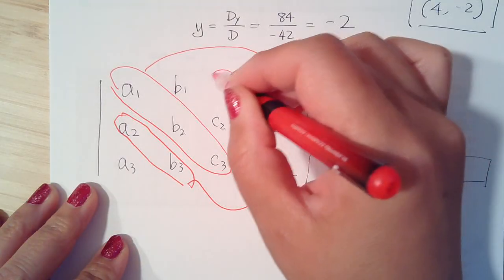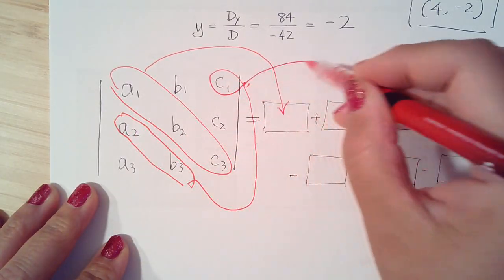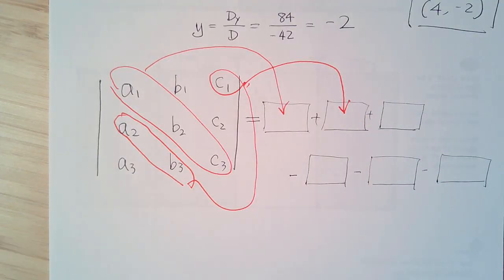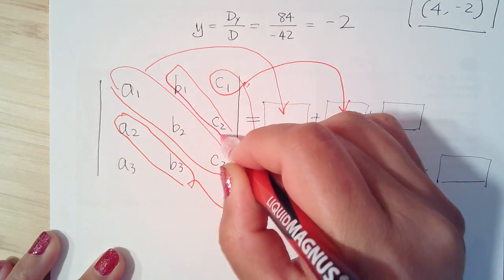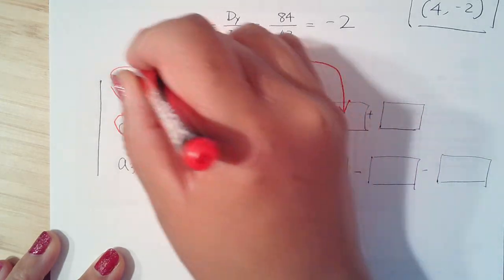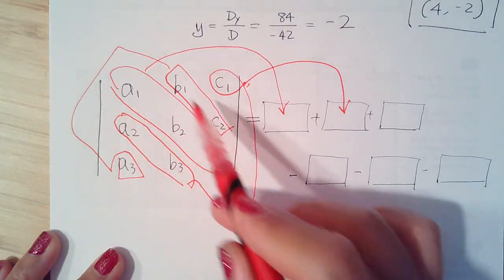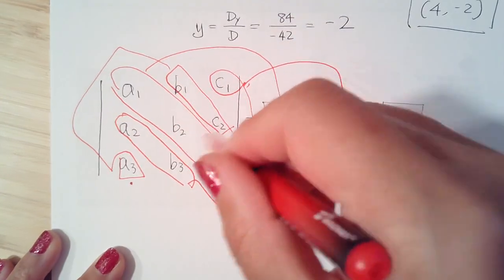I have to include a C1 because I need 3 numbers to multiply, and that goes here. You see? And of course, this one, the last 2, and this, because you have to make 3 numbers multiply, and that goes here.